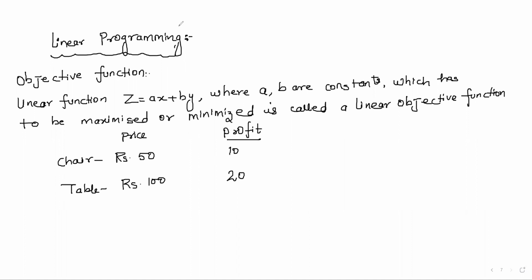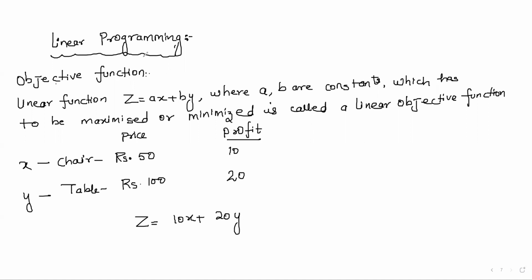If you want to sell chairs and tables, we wish to maximize the profit. This profit is called the objective function. If you buy x chairs and y tables, then the profit you will get is 10x plus 20y.